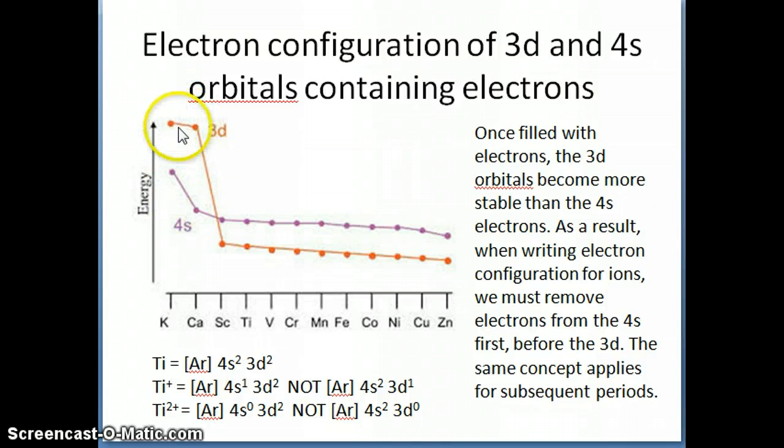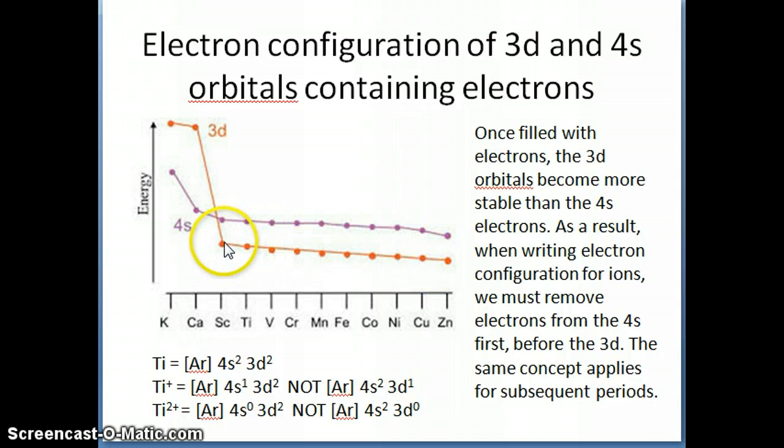Because there's no electrons in the 3d at that point, right? Remember that in potassium and calcium, you only have electrons in the 4s, you don't have electrons in the 3d. But once you fill in electrons in the 3d, starting from scandium, the 3d orbitals become more stable.